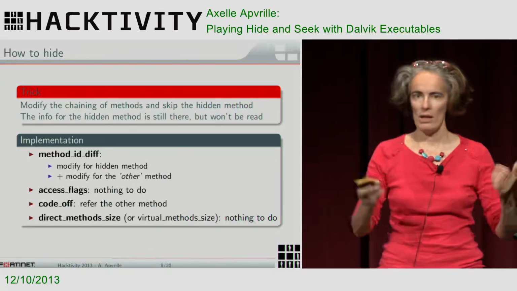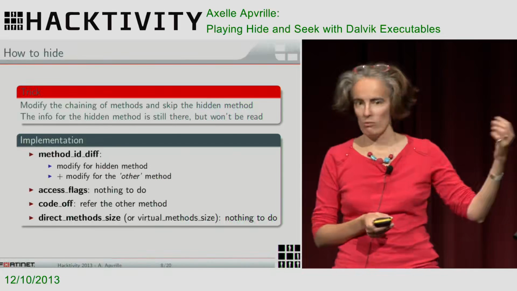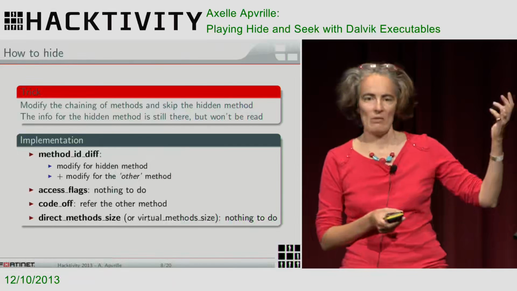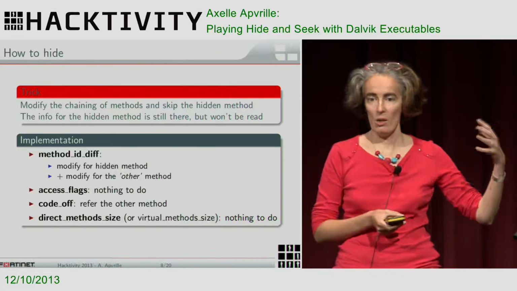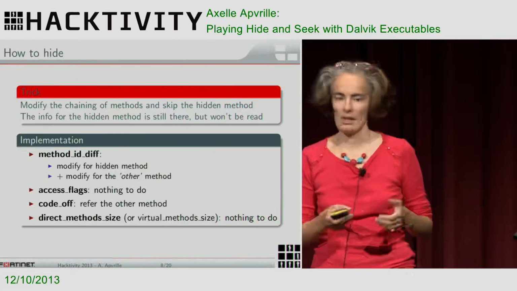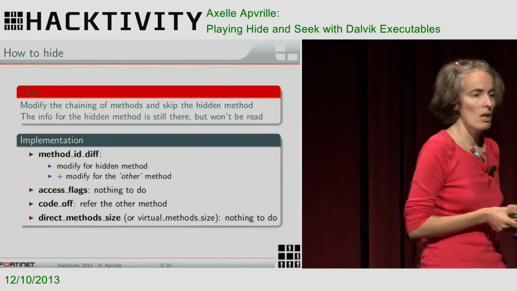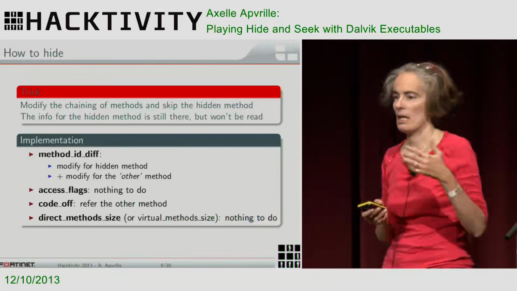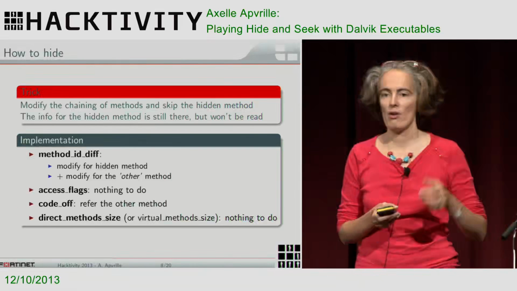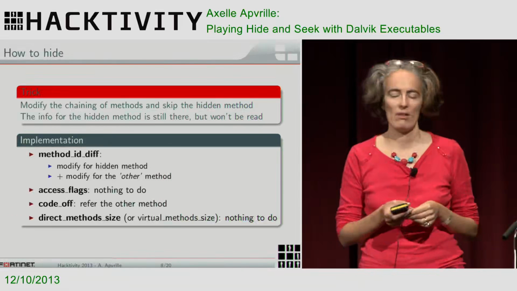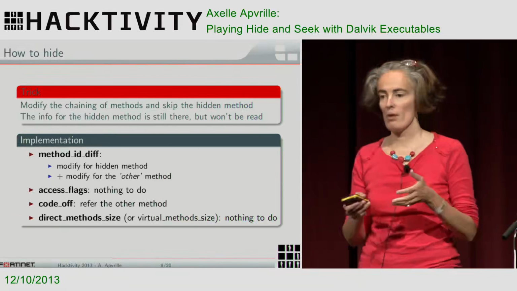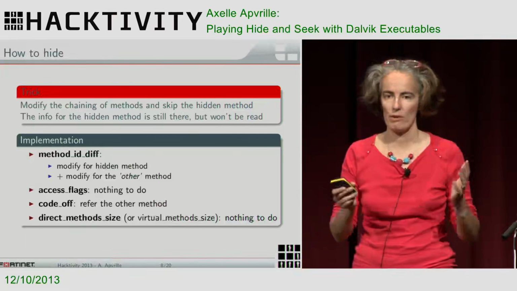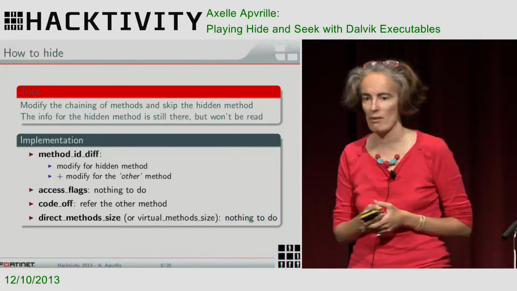That way, when the Android phone or emulator is going to parse that, they're not going to see the method in the list, actually. So for that, we'll have to modify the method_idx_diff field. For the hidden method, for instance, we'll say 0. It has no difference. We're going to stay with the previous method.